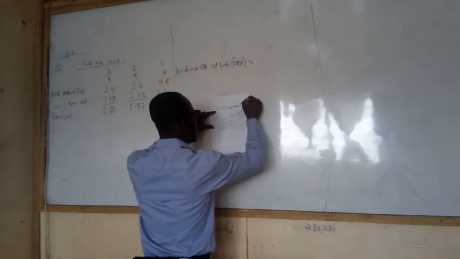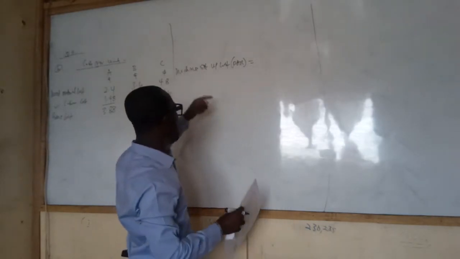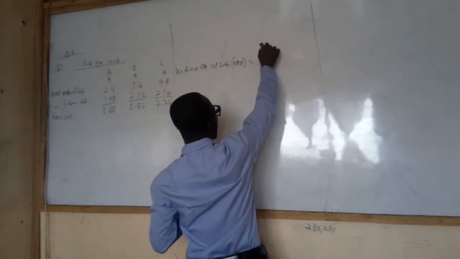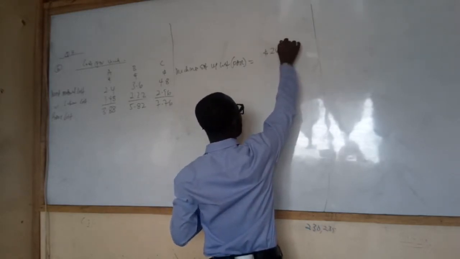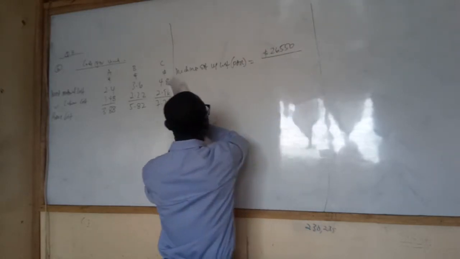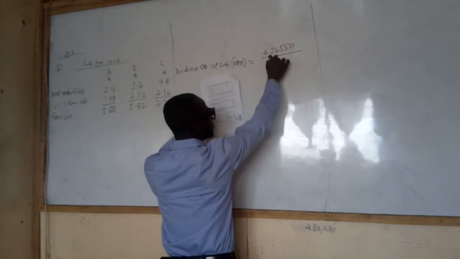140. Okay. So now, in calculating the overhead absorption rate for the machine setup cost, we'll bring the overheads for the machine setup, which is 26,550, over the total production runs, which is what? 36.